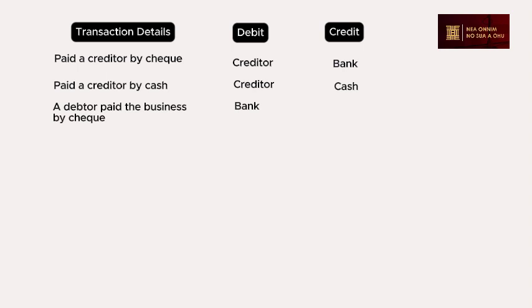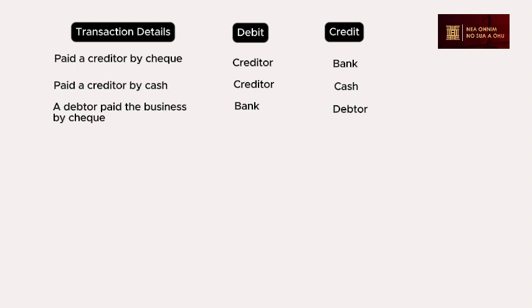Once you hear check, we are talking about your bank account. So this time round, who is doing the paying or giving? It is the debtor account. And who is receiving? It is your bank account which is receiving the check. And so your debtor account is giving, whereas your bank account is receiving.